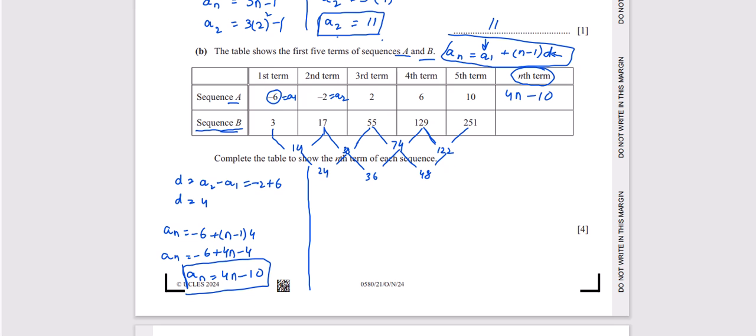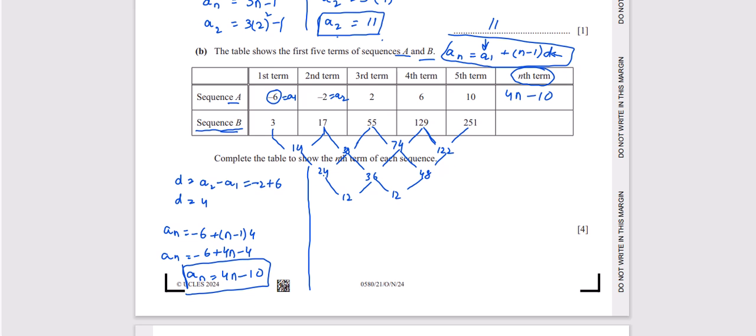And now also the difference of these numbers: 36 minus 24 is equal to 12, and also this difference is equal to 12. So this table shows that there is too much gap between two numbers.